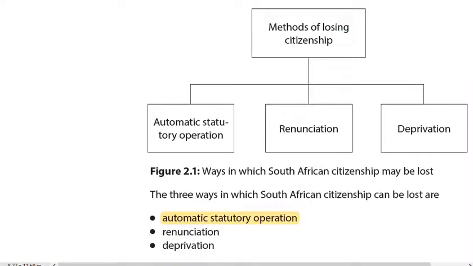When we open page 16 of our study guide, it simply states that there are 3 ways in which you can lose citizenship in South Africa. Number 1 is the automatic statutory operation, which is our answer. The second is renunciation. Third, deprivation. So our answer is on page 16, which is the automatic statutory operation.